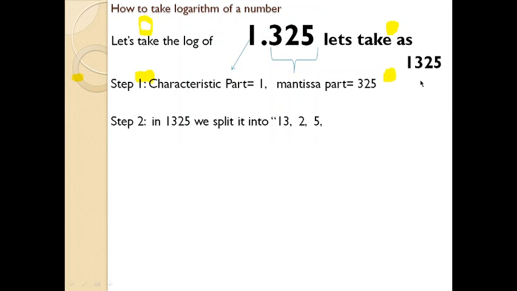Remember, you need to split the series into 3 parts. First 2 digits will be the first part, next number the second part, and next number the third part. If there is any number even after 5 or any further series, you don't have to worry about that. The first 4 numbers, or the first 3 parts, are the most important, because on the basis of that only you find log as well as anti-log. Okay, first of all, you have to split it into 3 parts, 13, 2 and 5.